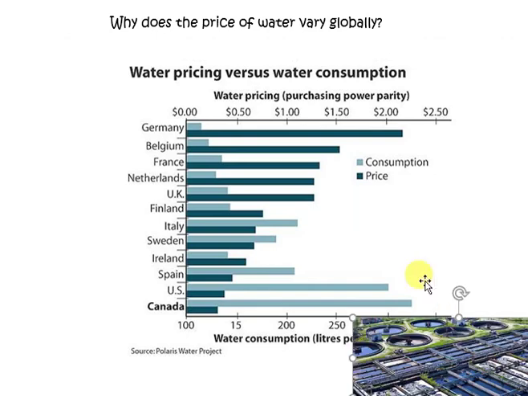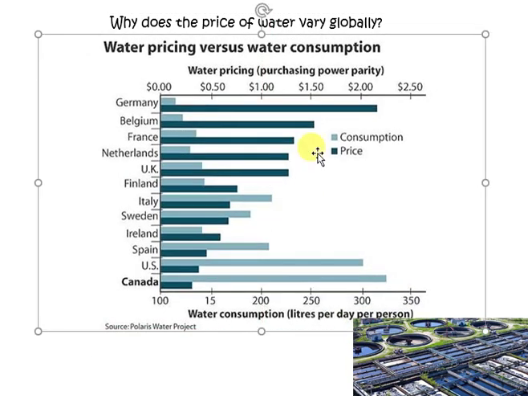So if we have a look at this, just pick a few countries. Water pricing. Canada. The light blue bars show consumption, dark blue bars show price. So like I said with Canada, it's the country of freshwater lakes, folks. They've got an abundance of physical freshwater sources, so they can use a stack load of it.